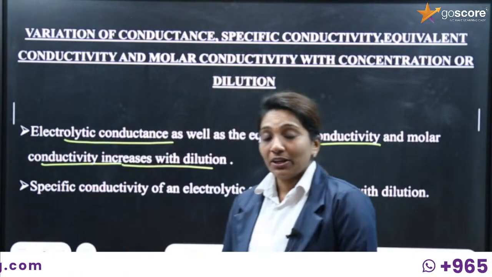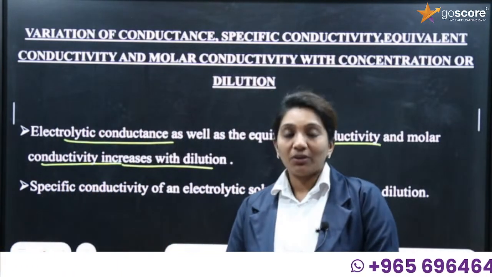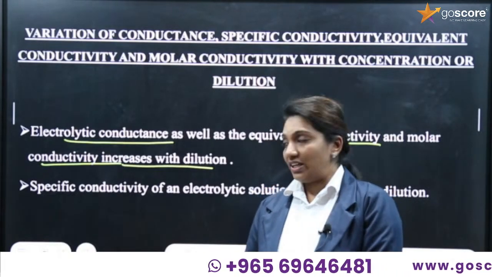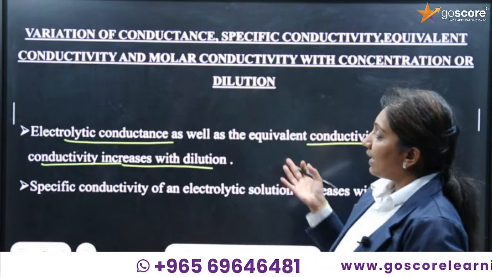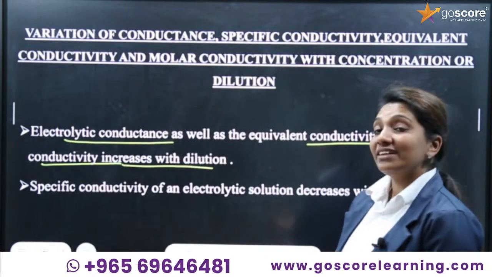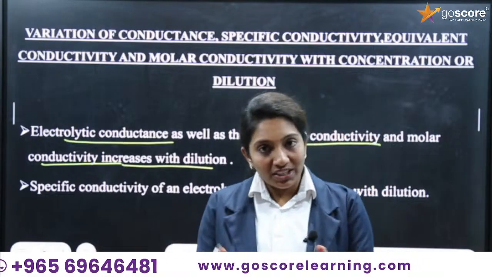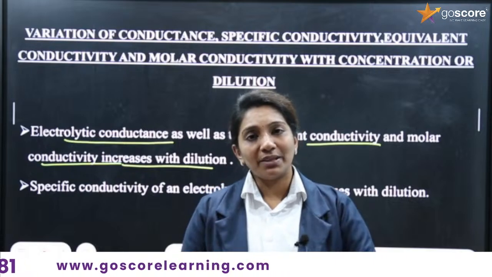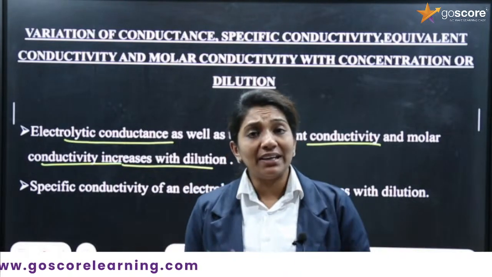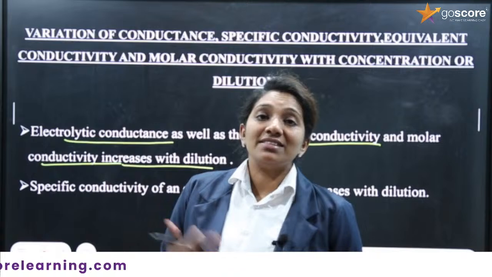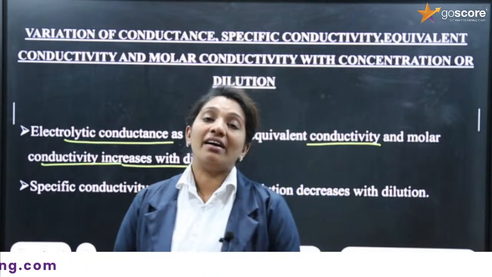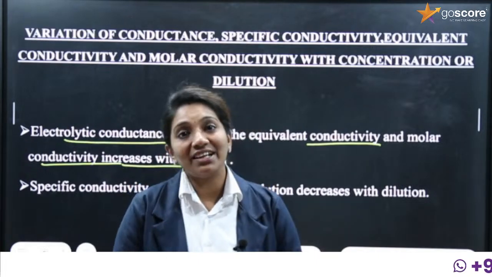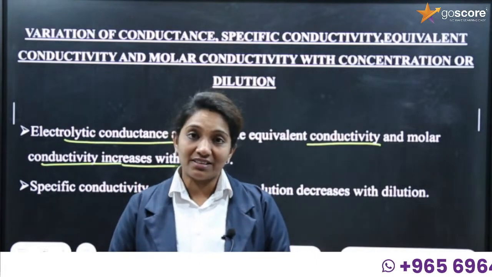See, why? When you are diluting, why is the electrolytic conductance increasing? If you are taking an electrolytic solution, when you are diluting it, what happens? This electrolyte will be completely dissociating, right? As the number of ions increases, definitely the conductance of the solution will also increase, right?